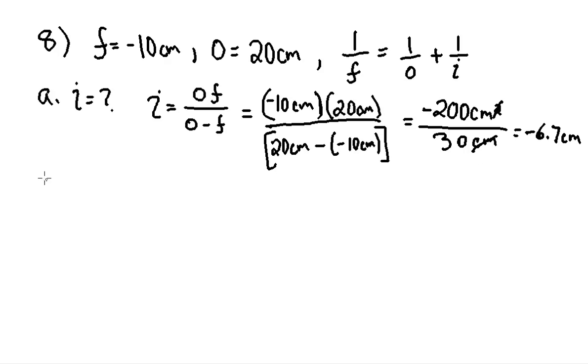Now, for B, what are we working with? A negative lens with a negative focal length and an object which has a distance of 20 centimeters. I believe there's a figure that we can refer to rather than just have you take my word for it.